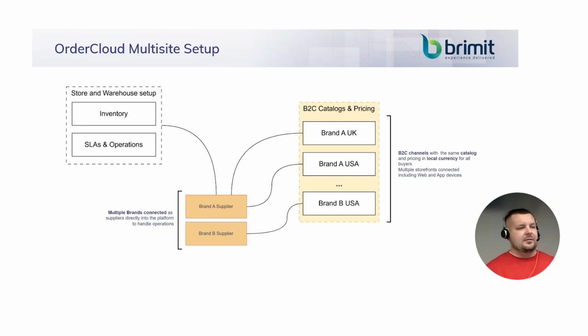For the B2C channel, it is represented in Sitecore OrderCloud so that we have different brands in each country. So we can have a brand in a country, and another brand in the same country, each with its own pricing in local currencies.